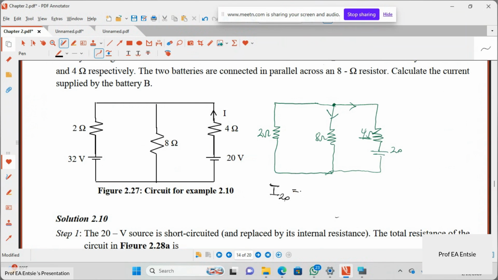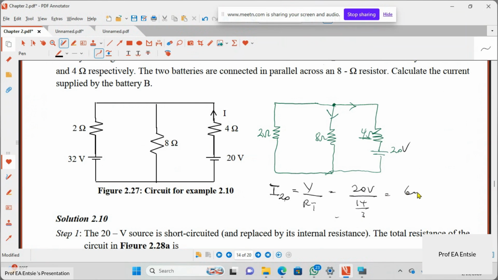So this current is equal to the voltage being used over the total resistance. The voltage is 20 volts, and the total resistance is 14 over 3.